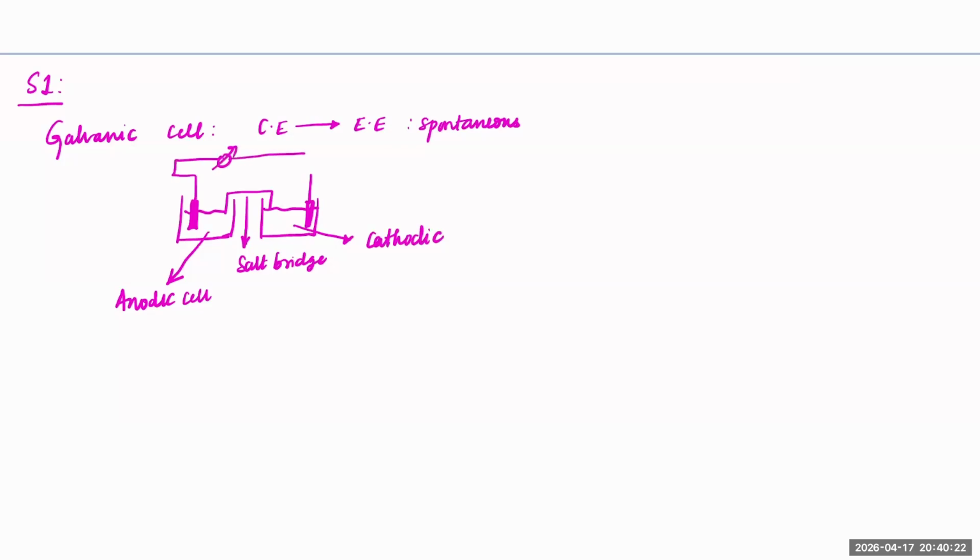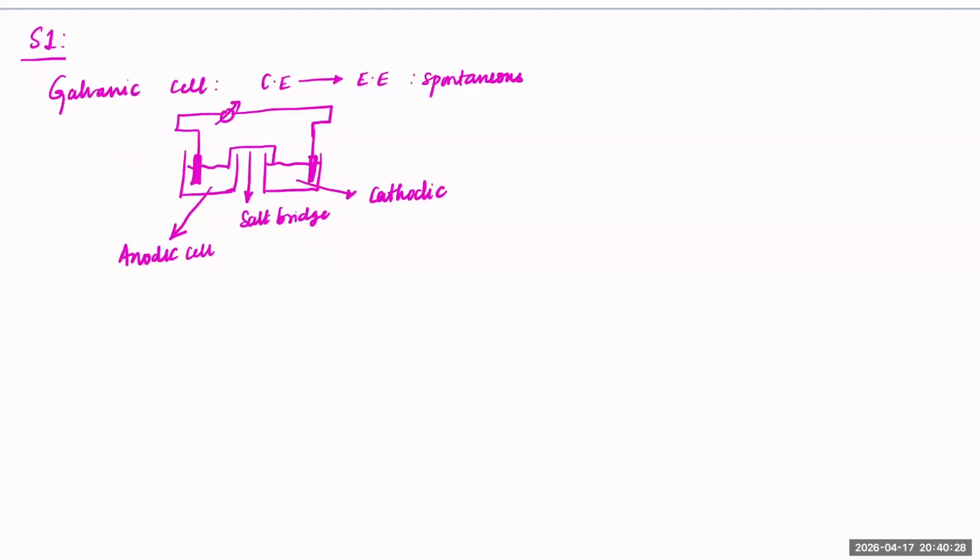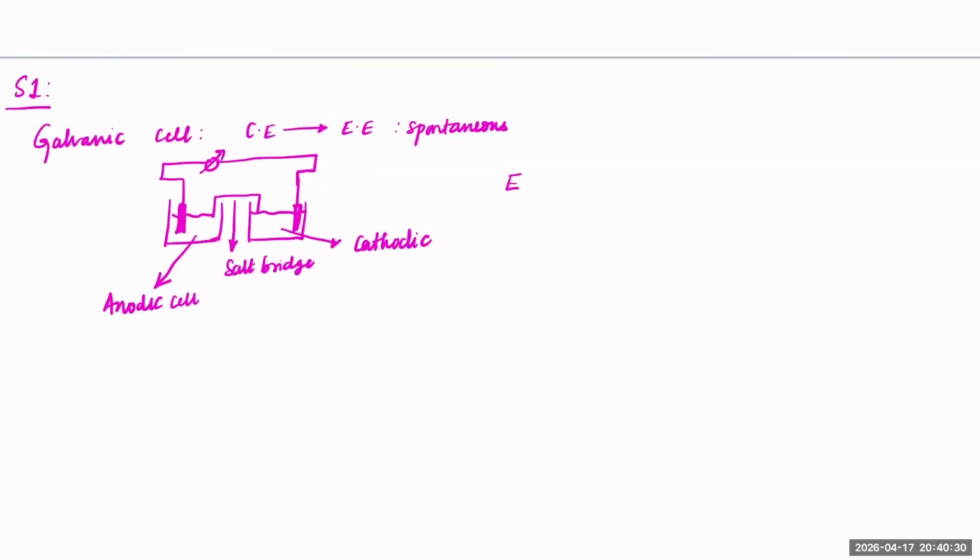A voltmeter is connected to read how much voltage is built up. The amount of voltage that you will get is measured as E cell, and that will be E of oxidation plus E of reduction.